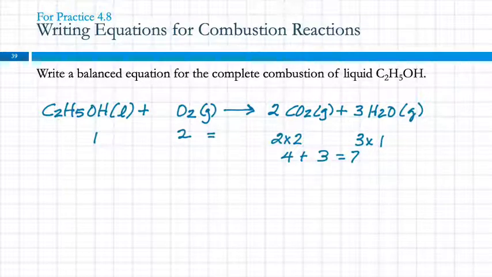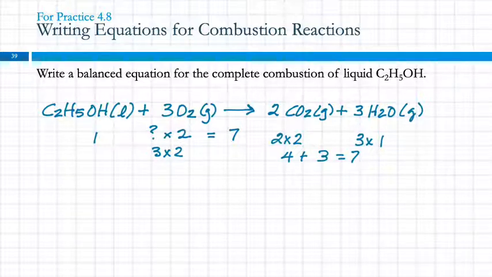I need this to be 7. So what do I need to multiply that by? 3. If I put a 3 in here, 3 times 2 is 6, 6 plus 1 is 7. So I didn't need to double everything on this one. Questions?